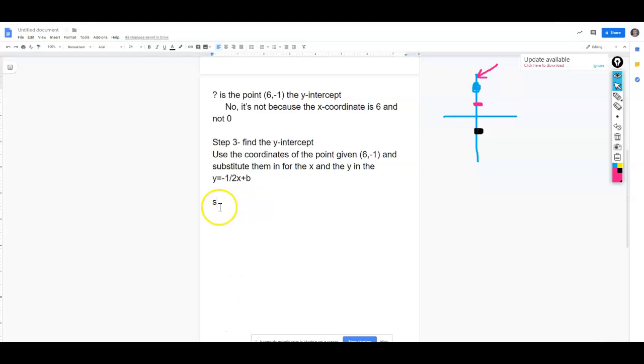Okay, so then we would have the y-coordinate is -1, so I'm going to substitute that in for the y. And the x-coordinate, remember this is multiplication right here, so I'm going to just put parentheses so I remember. And the x-coordinate is 6. So we're going to substitute that in.